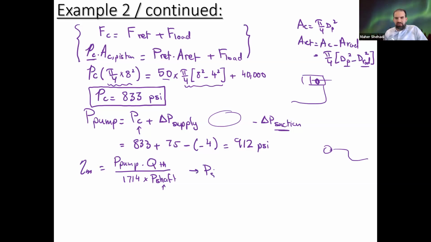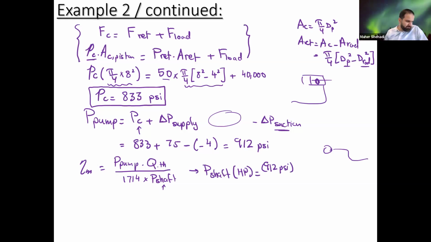So P for the shaft, and that's in horsepower, is 912 psi. I don't need to write the units because I'm not gonna cancel anything. It's a mixed unit equation. Q theoretical, we calculated that last time.